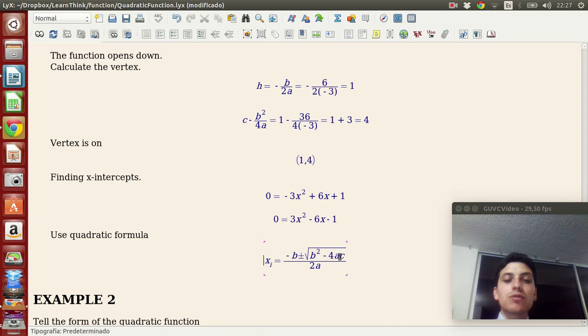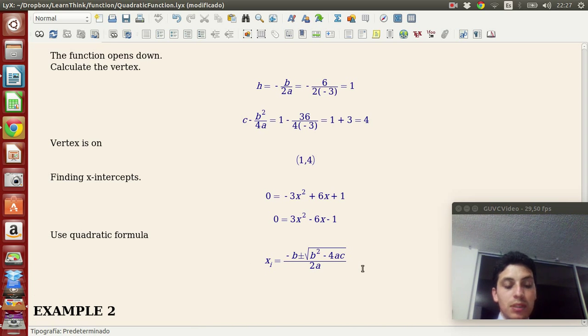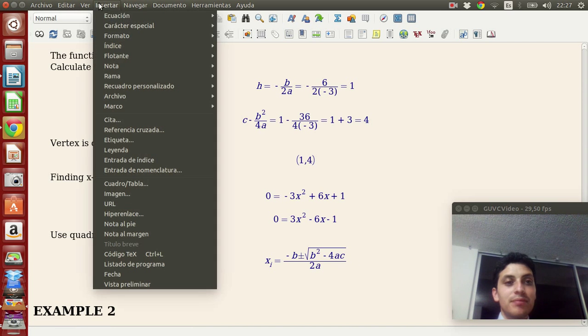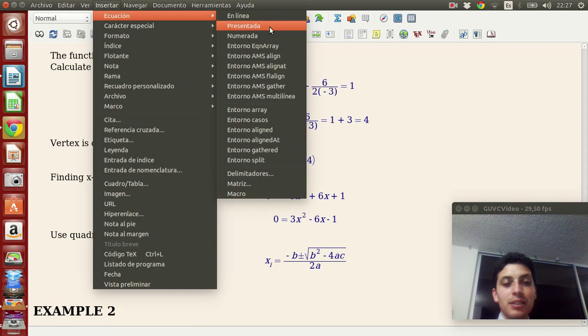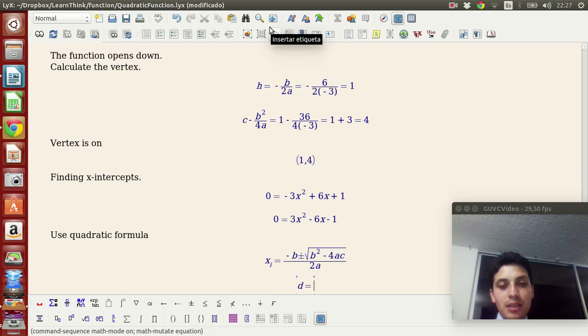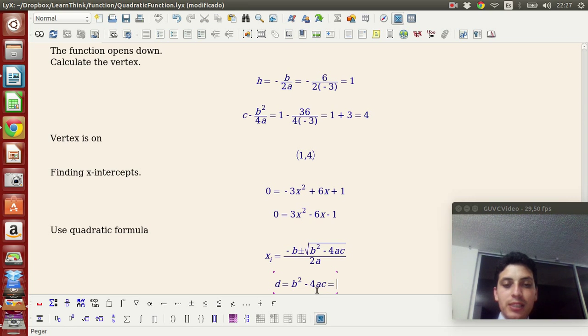b squared minus 4ac is the discriminant. And look at that, b squared and 4a is here. So from the discriminant, D equals b squared minus 4ac.